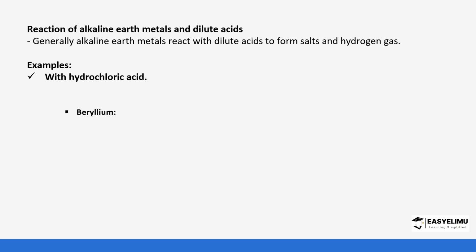For example, when beryllium reacts with hydrochloric acid: beryllium solid reacts with hydrochloric acid solution to form beryllium chloride. You notice that because the valency of beryllium is 2 and chlorine is 1, the formula is BeCl2, and this is an aqueous solution, and also hydrogen gas is given off.